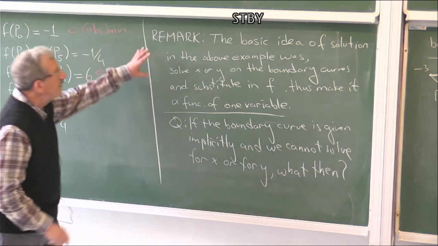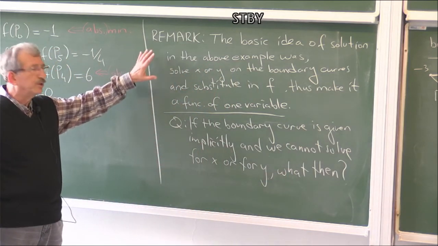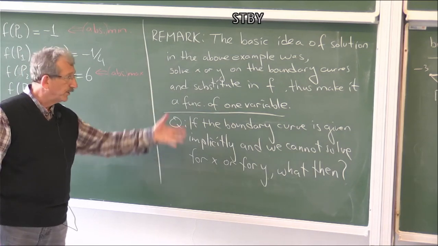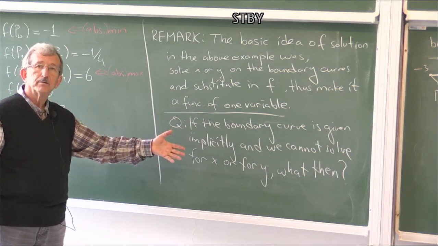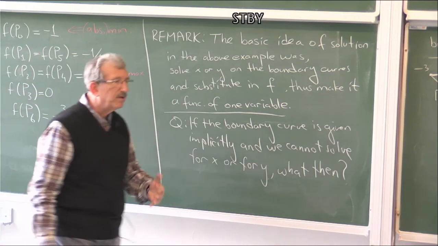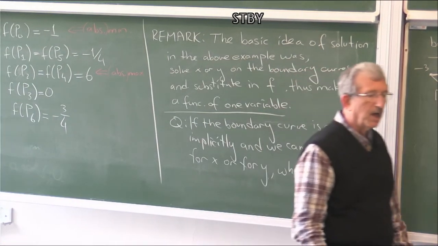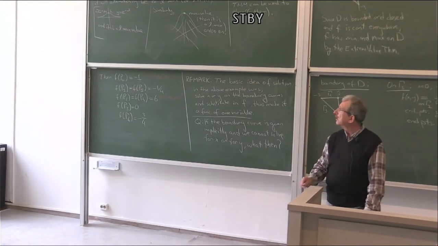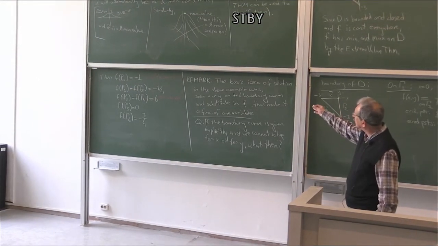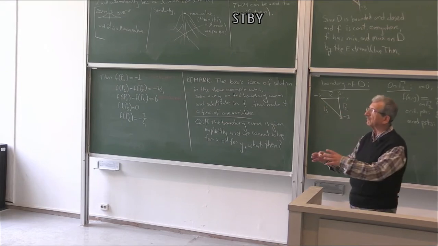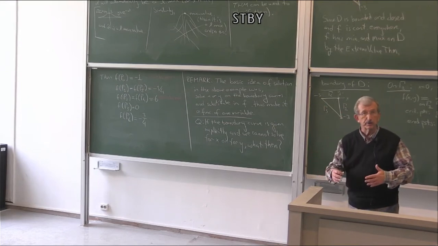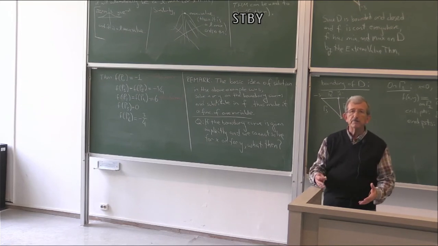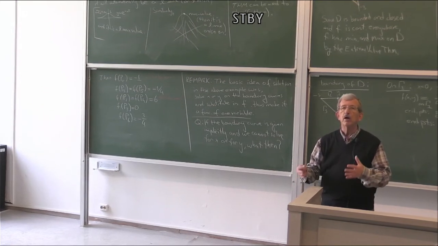Clearly, this method of solution by substitution completely breaks down because we cannot substitute and reduce the problem to the one variable case and then solve it on the boundary. The first part is still intact. That is, you have a function of two variables, irrespective of the boundary. You can consider all critical points by finding the derivatives, equating to 0, and solving.